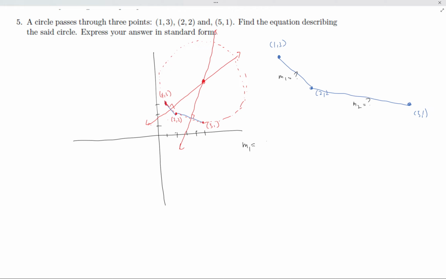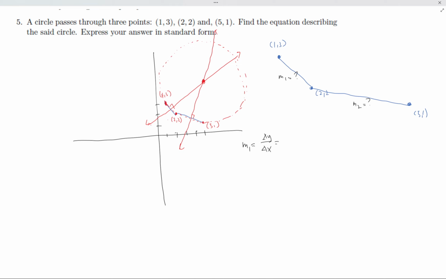Now slope is just given by the change in y divided by the change in x. When you say change, it's just a matter of subtraction. So subtract the y coordinates and subtract the x coordinates. The choice of which point you want to be the first point and the second point is really arbitrary. You will get the same answer even if you switch the positions.